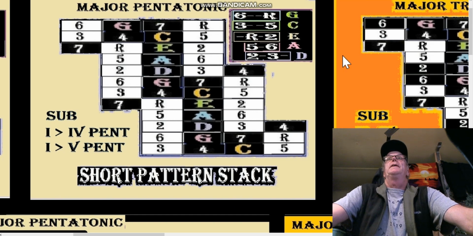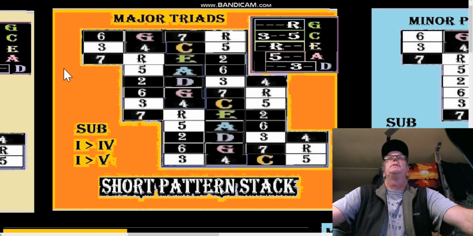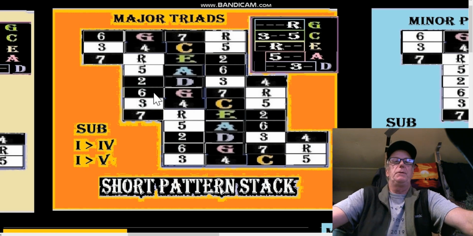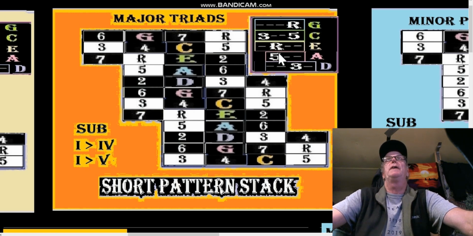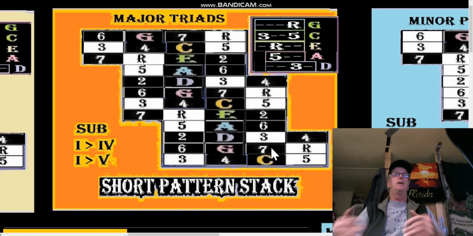So that's the way that works. And then we go into the major triads, where we're subtracting now the second and the sixth from that pentatonic, and we're left with 5-3 root, 3-5 root right there. And that's what we're going to play to get these string shaped arpeggios.